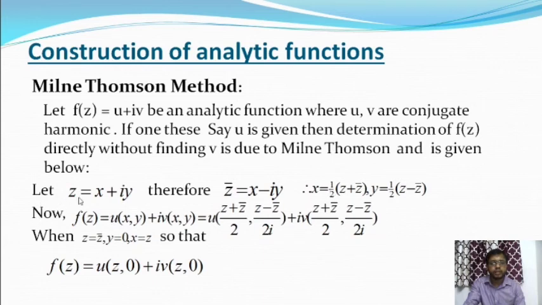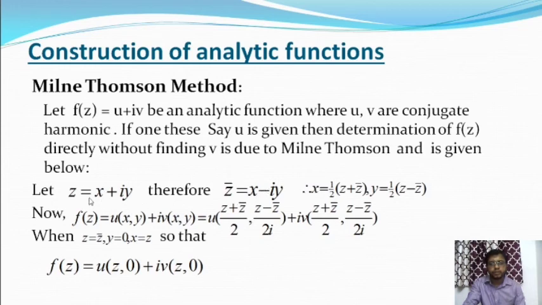So let z equal x plus iy. This is the complex variable point, and therefore z bar, the conjugate of z, is equal to x minus iy. From these two equations we'll get x and y.